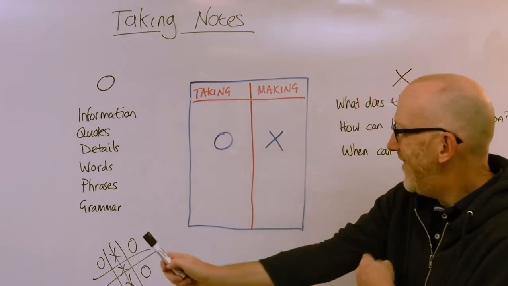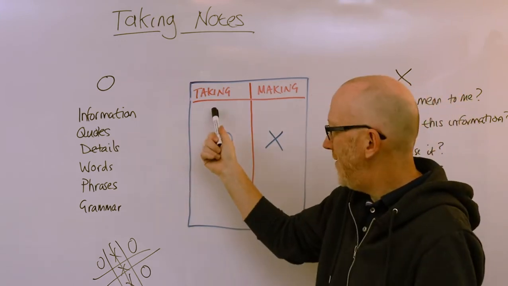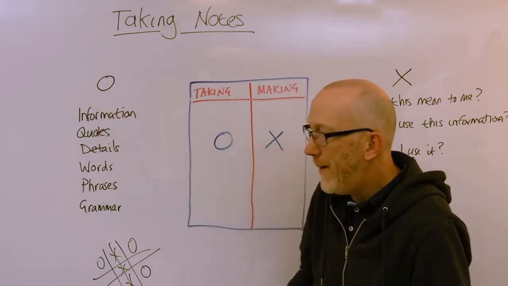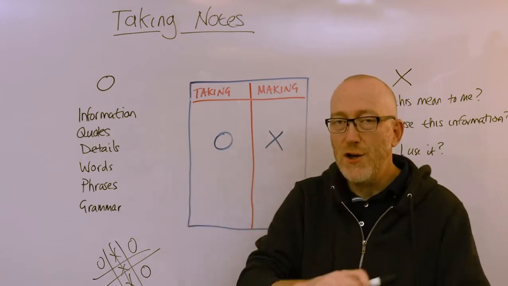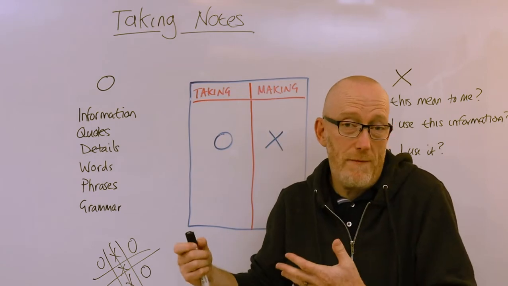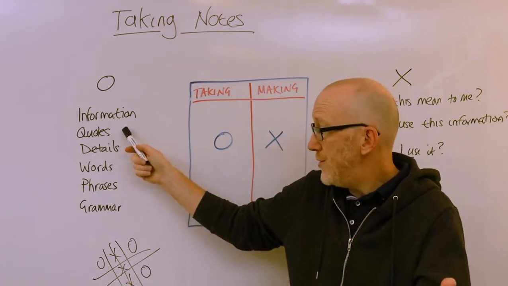So the nought is signifying, in this case, note-taking. Note-taking is basically you are listening to information. The information could come in many different forms. It could be something somebody says, just a quote.